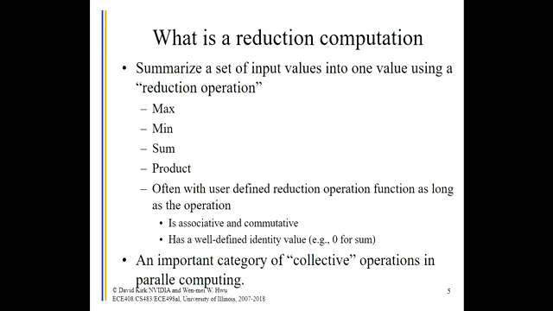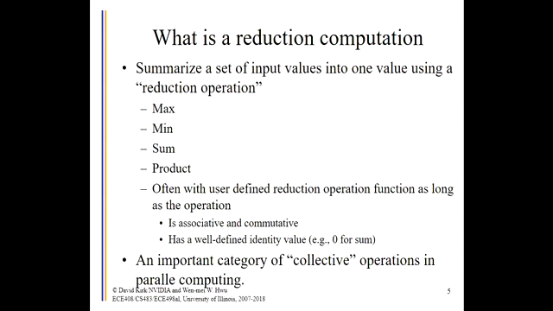So reduction is an important category of what we call the collective operations. For those of you who will be taking, let's say, Mark Snir's MPI class, or Sanjay Kale's MPI class, you will be learning the MPI collectives, and the MPI collectives are the equivalent of these reductions.